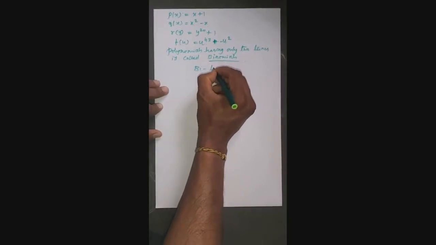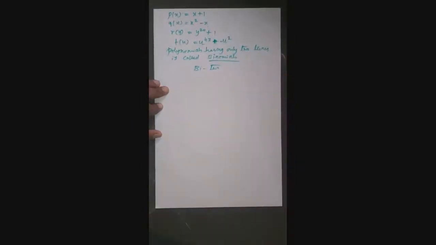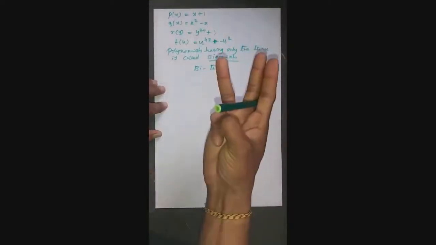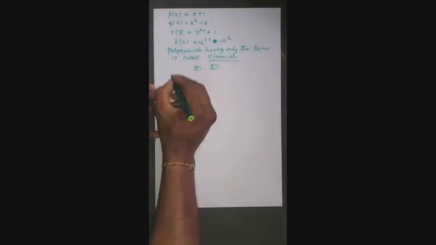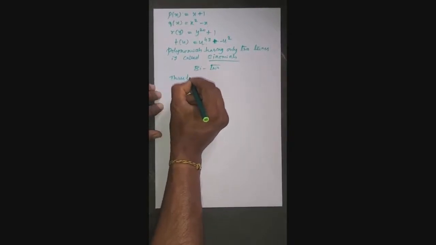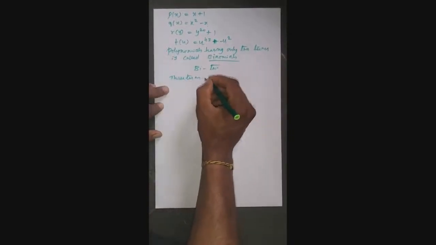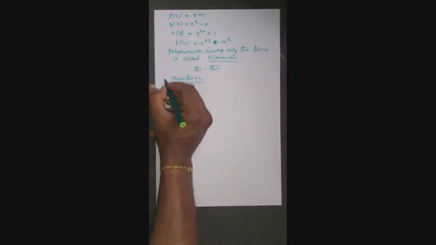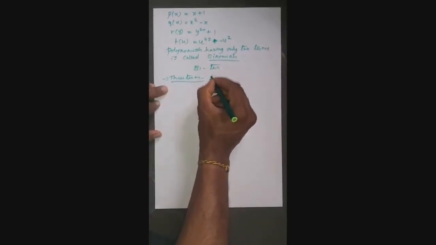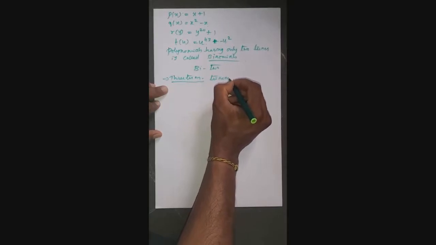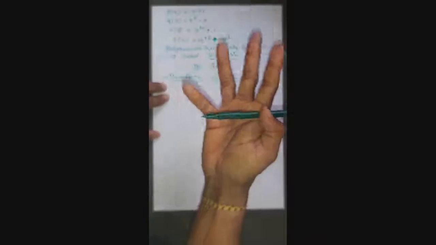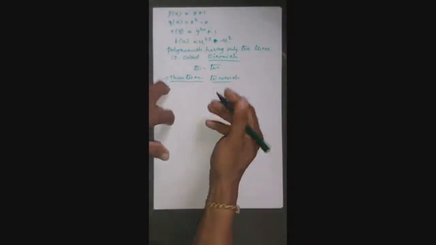Similarly, polynomials having only three terms are called trinomials. A polynomial having only three terms we can call a trinomial. Tri means three, right?